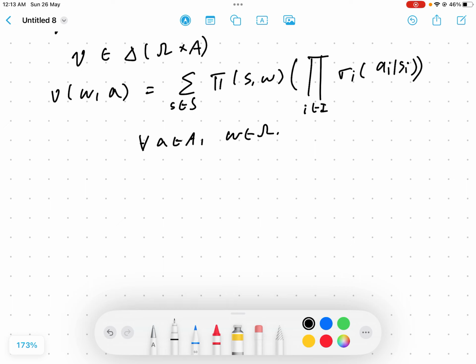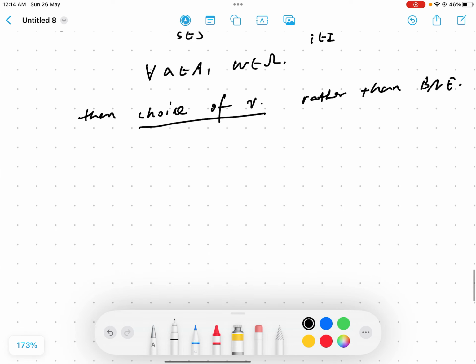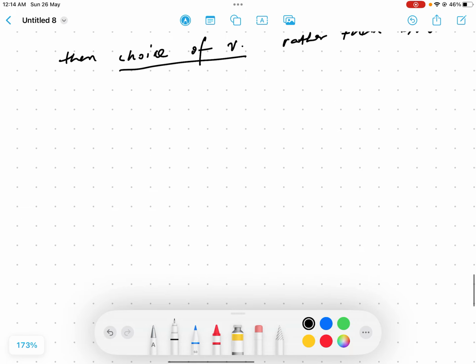So then the information designer could just choose the V rather than choose a BNE. It can be just a choice of this V, rather than a BNE. And this is actually called partial implementation.